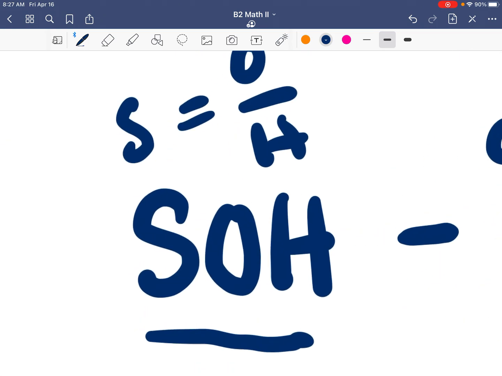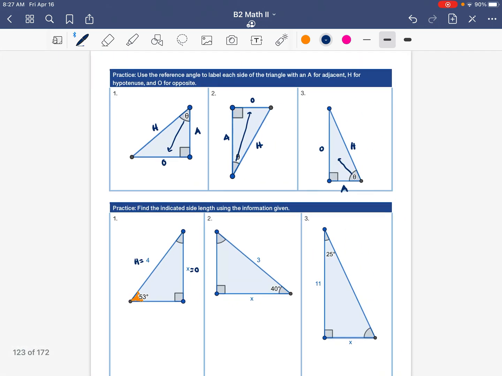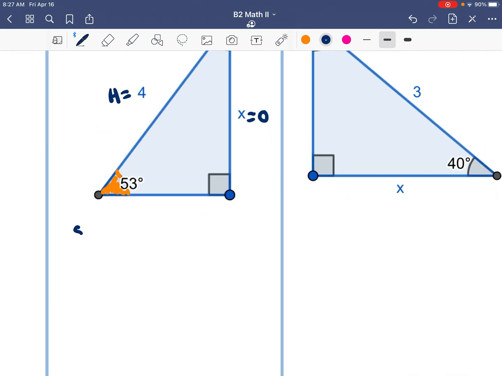The one that uses opposite and hypotenuse is sine. So we're going to set up a little function here. It's always sine of your reference angle, so sine of 53 degrees in this case, equals the opposite side, which is x, over the hypotenuse side, which is 4. So this is opposite over hypotenuse.